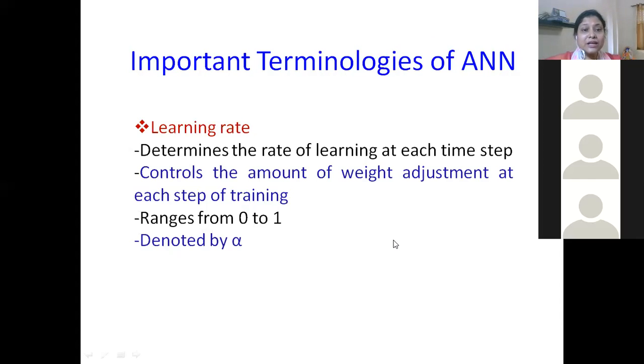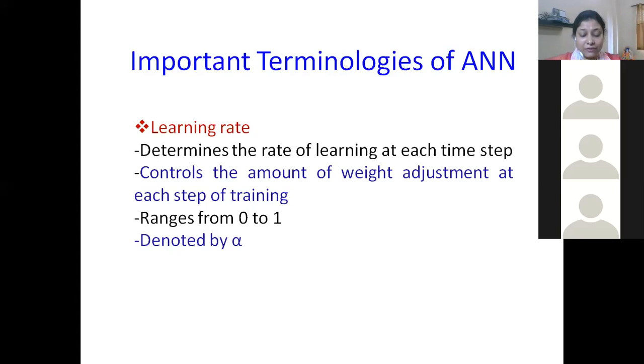What does this learning rate mean? The learning rate determines the rate of learning at each time step. Basically it controls what amount of weight adjustment we consider at each step of training.